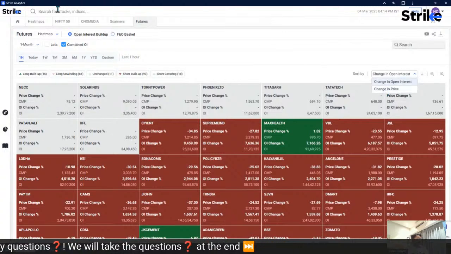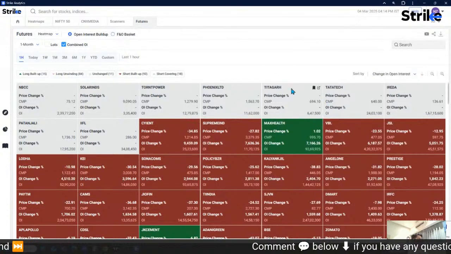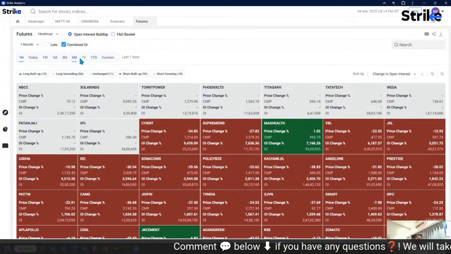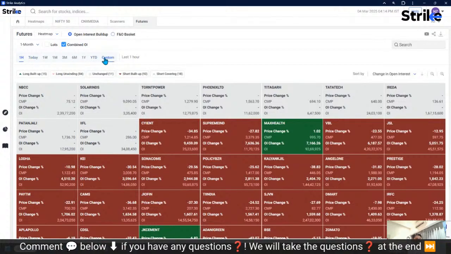So change in price, you have it over here as well. In this particular section you can keep change in open interest and sort it out. And here again there is a custom date given. There are dates.